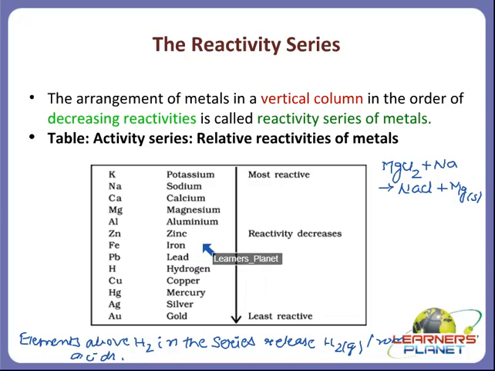Now children, we'll put a note here. That will be better. Metals like sodium, potassium, calcium, magnesium, what they do is they release hydrogen gas, H2, from acids or water, and also they release what?